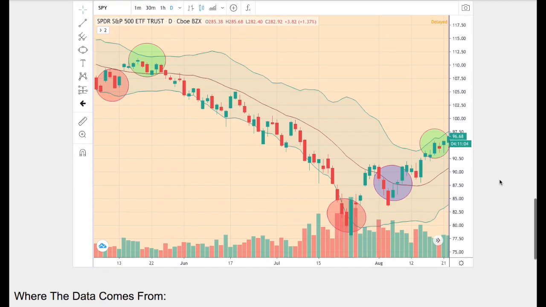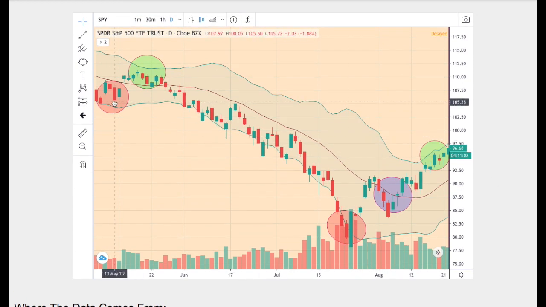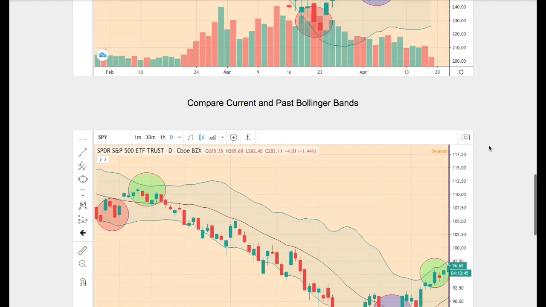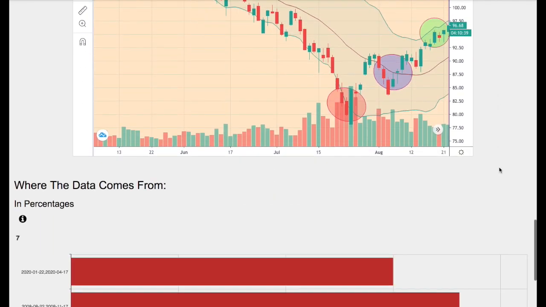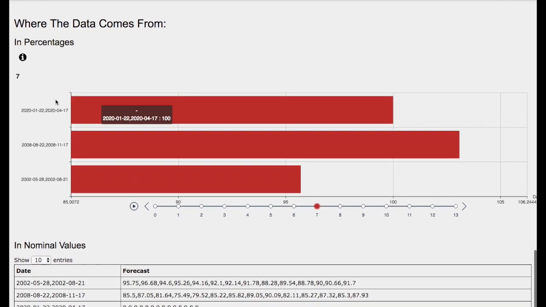We see a similar pattern here as well: start off at the bottom Bollinger Band, upper Bollinger Band next, then reverse down to touch the bottom Bollinger Band, see resistance at the middle Bollinger Band, and finally head higher to the upper Bollinger Band. So what we have here is 1, 2, 3, 4, 5 points. We also have 1, 2, 3, 4, 5 points. So there's reason to believe that the trends and patterns are the same. The outcome and forecast should be fairly the same.